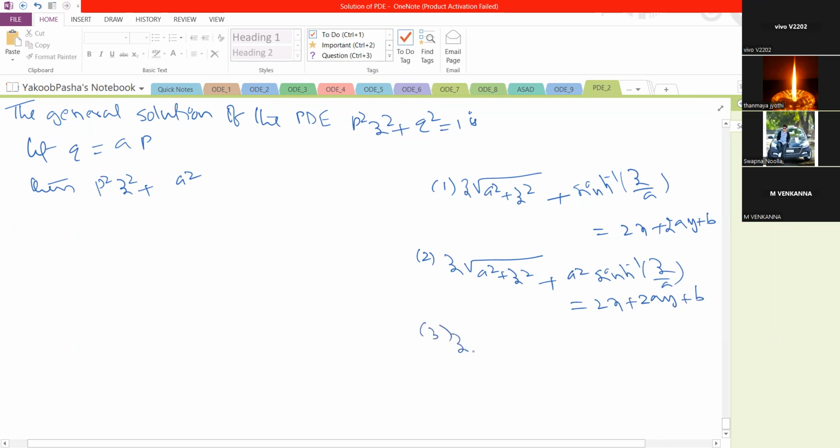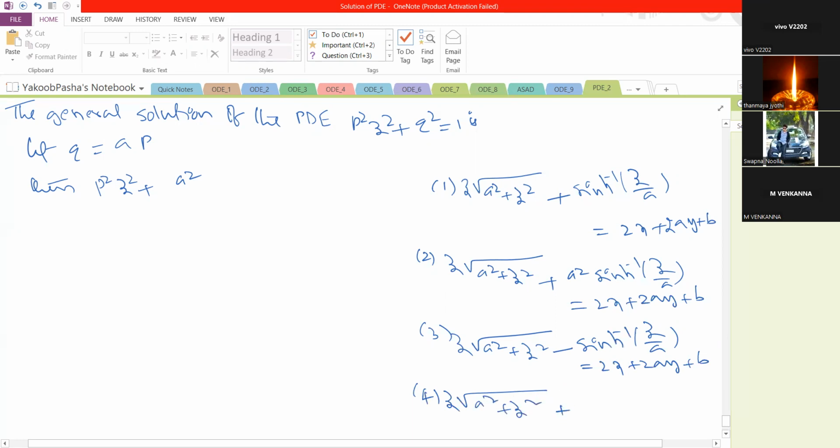Third option: z into under root of a square plus z square minus sinh inverse z by a is equal to 2x plus 2ay plus b. And fourth option: z into the root of a square plus z square, sorry, this minus a square sinh inverse z by a is equal to 2x plus 2ay plus b. Now what is the right option?